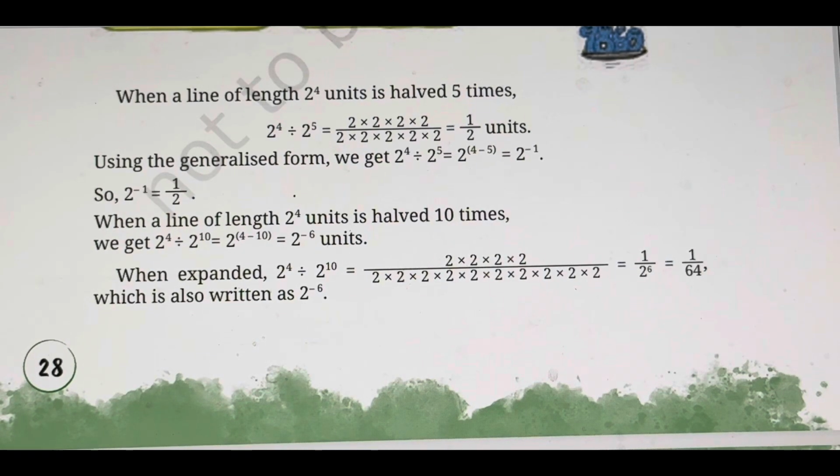Now what happens if we divide by a bigger number? So here 2 raised to 4 units is halved 5 times, meaning 2 raised to 4 divided by 2 raised to 5. If we write 2 into 2 into 2 into 2 and divide by 2 into 2 into 2 into 2 into 2, 5 times, 4 pairs will be cancelled. What is left is 1 upon 2, that is half.